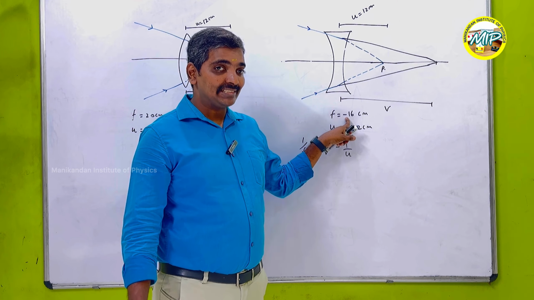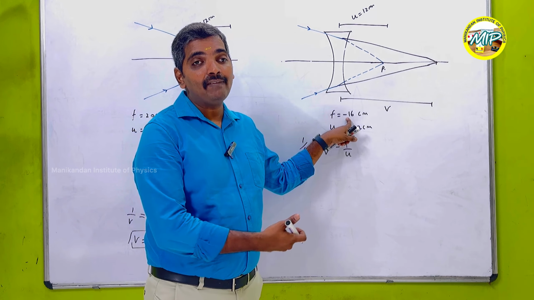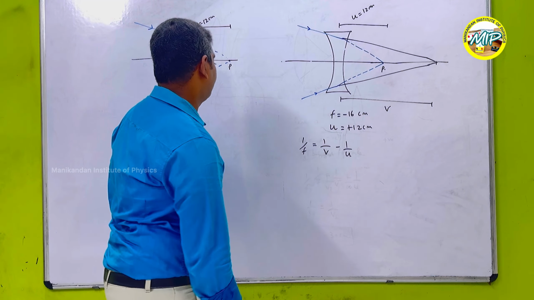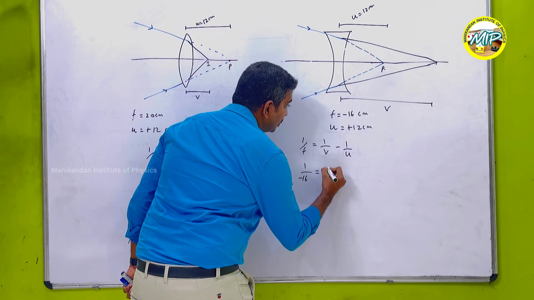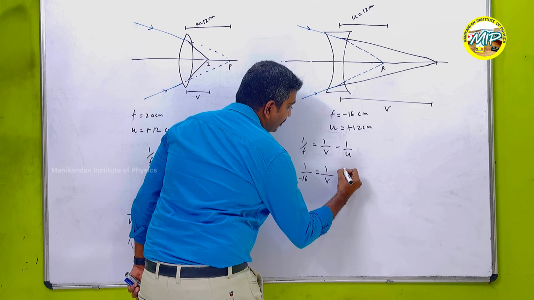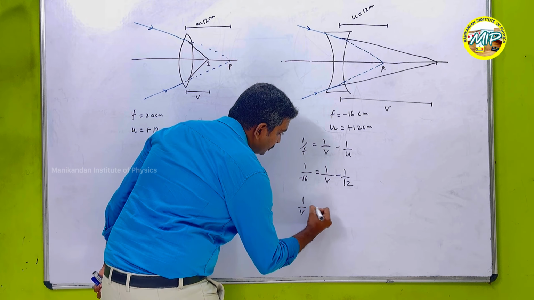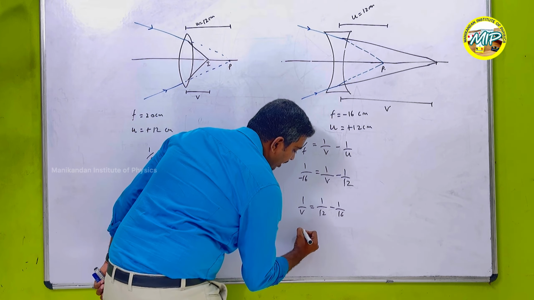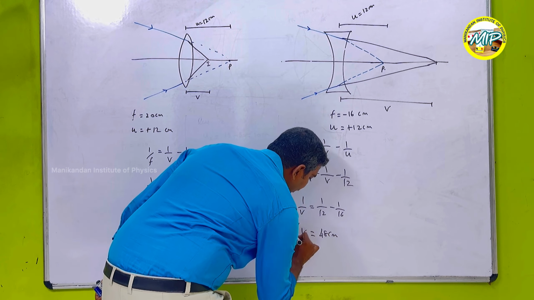Since it is a concave lens, we take the focal length as minus. Convex means the focal length is positive. So 1 by minus 16 equals 1 by V minus 1 by 12. So 1 by V equals 1 by 12 minus 1 by 16. After simplifying this, V equals 48 centimeter.